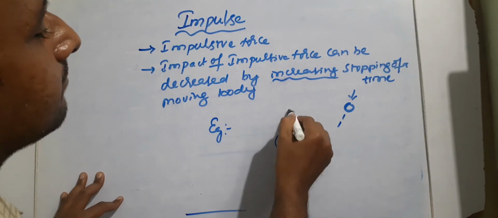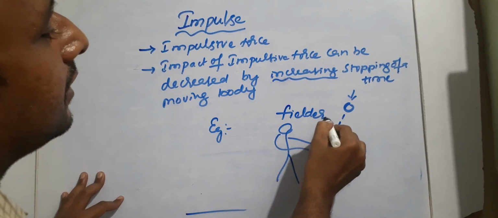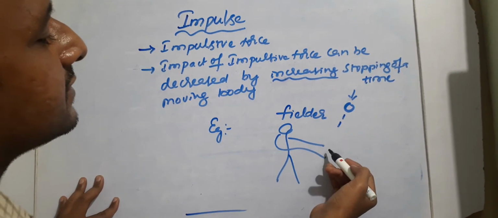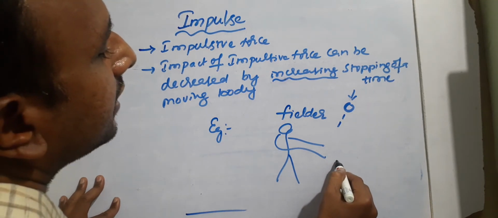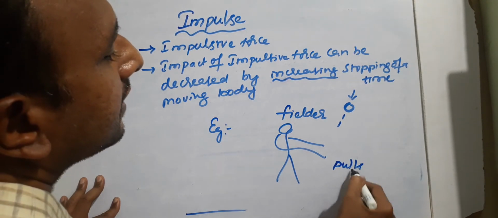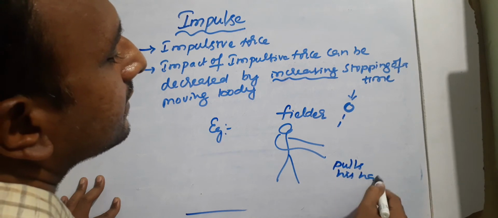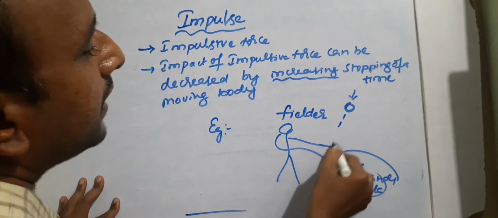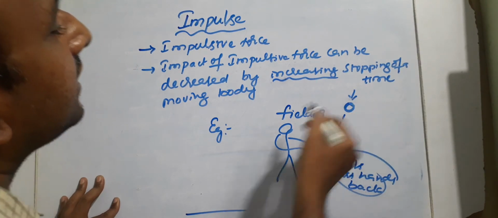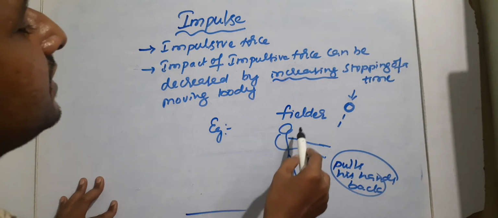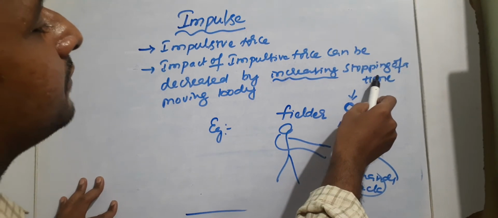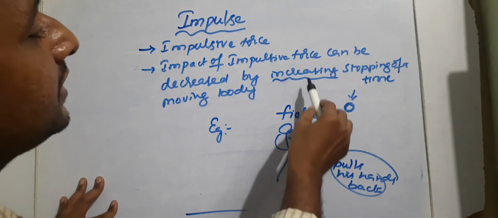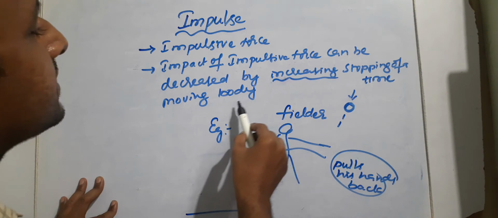So this fielder is trying to catch the ball which is moving with certain speed, but this time he pulls his hands back. He is pulling his hands back to catch the ball safely, meaning he is allowing the ball to travel for some more time in the downward direction, so indirectly he is increasing the stopping time.